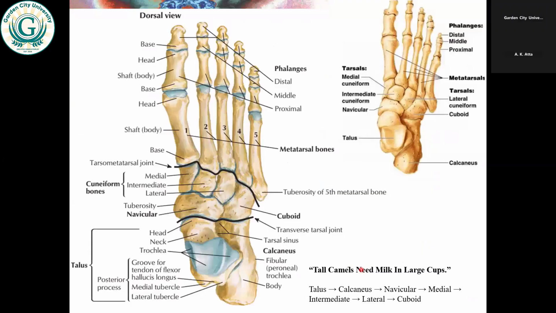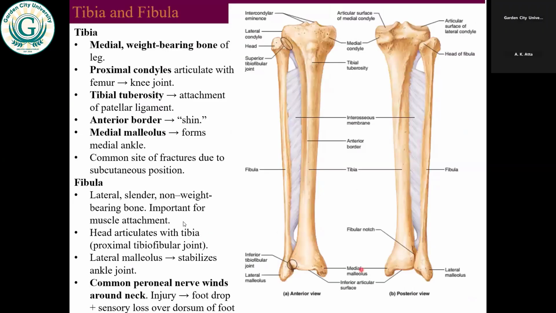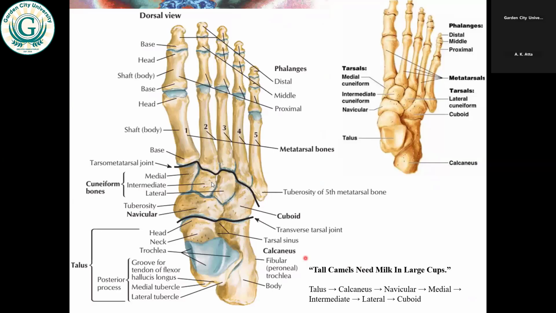Now for the tarsal bones, there are 7 tarsal bones. The wrist contains 8 carpal bones, but the tarsal bones are 7. So there is a calcaneus, then there is a talus. Between the talus and the cuneiform bones, you have the navicular.